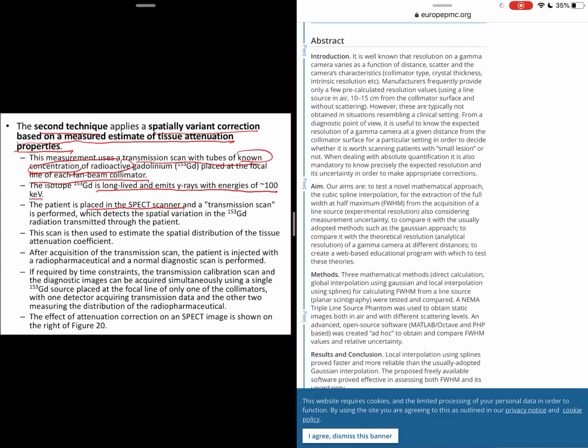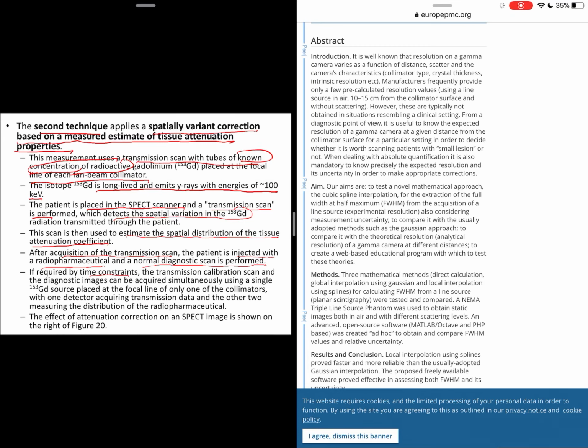The isotope Gd-153 is long-lived and emits gamma rays with energies of hundreds of keV. When the patient is placed in the SPECT scanner and the transmission scan is performed, it detects the spatial variation of this radioactivity transmitted through the patient, which is then used to estimate the spatial distribution of the tissue attenuation coefficient.